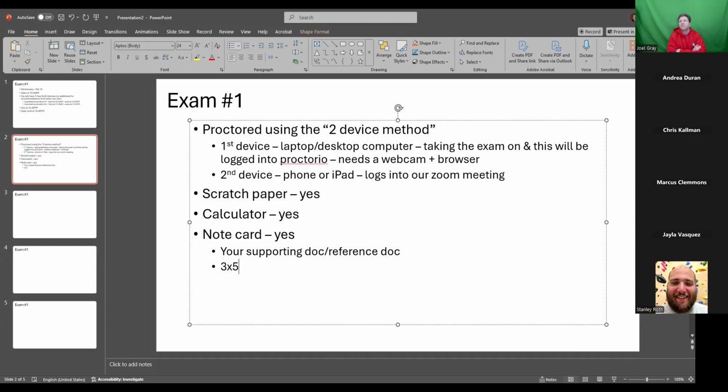If you have some index cards or note cards, you can just use one of those. There are two different sizes, like 3 by 5 or 4 by 7. The 3 by 5 index card is the size I want you to use. You're not permitted to use anything larger than that.